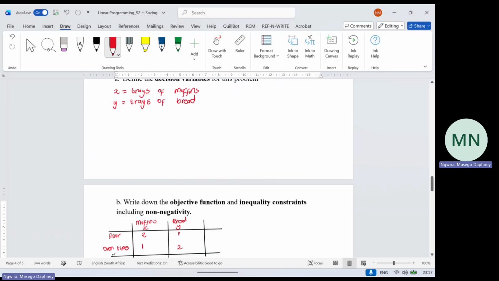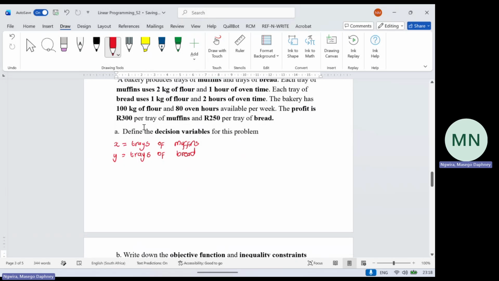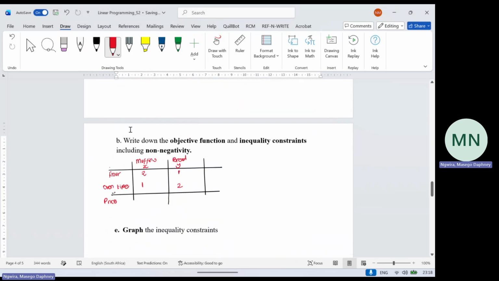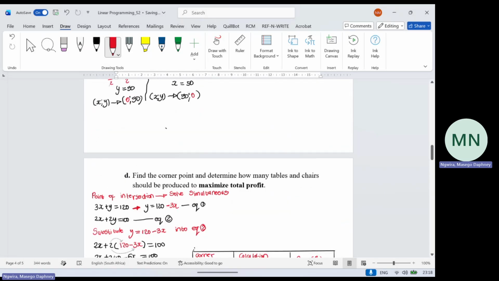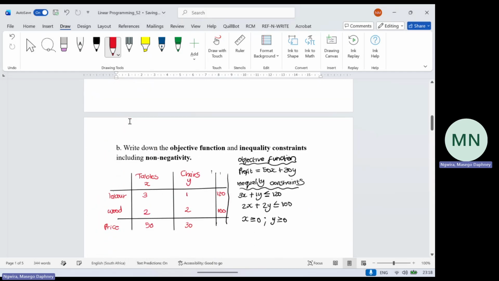Now let's see. They're saying that the profit, no, it's not that one over here. The bakery. So this is the bakery. The other one was the company. The bakery has 100. So bakery, I'm going to write it here, and this one I'm going to say company. Maybe if we do this, it will be easy.